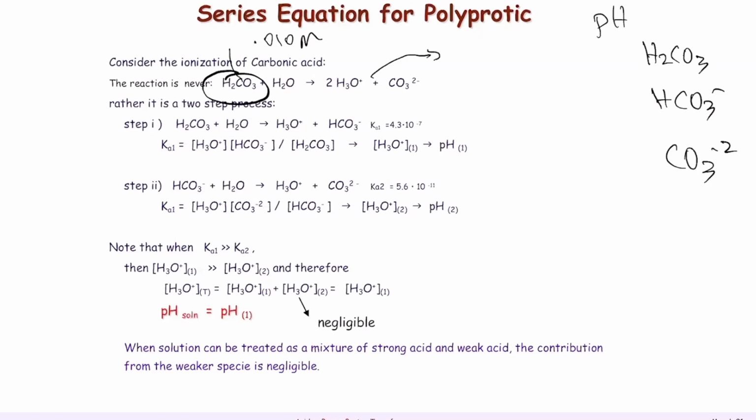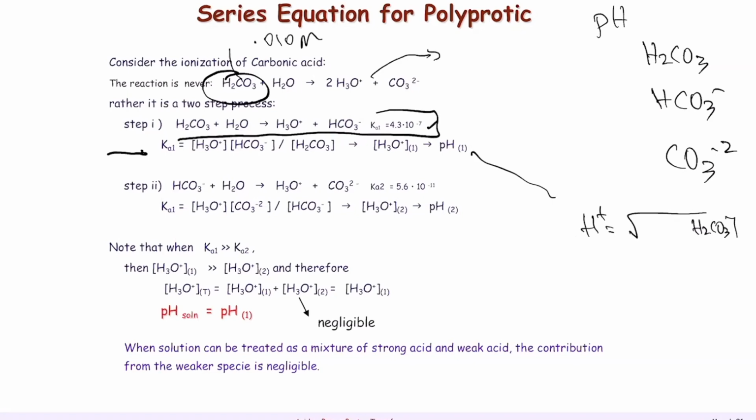And what I'm going to show you here is that the Ka1 is just treating this first equilibrium right here. And we're going to use this equilibrium constant. And so what you can do here is the shortcut. Hydronium ion concentration is equal to the square root of the initial acid concentration times the Ka1 for that.